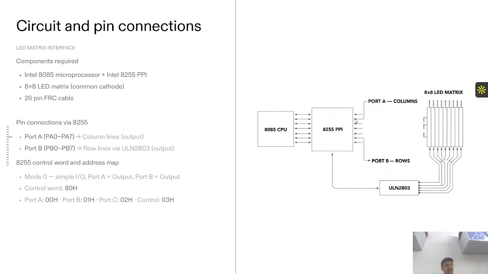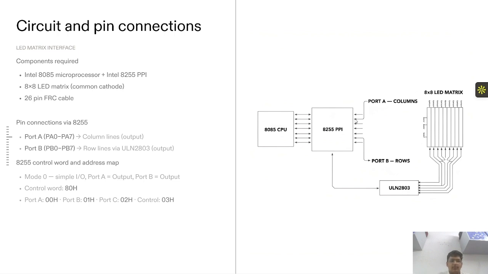So what we have tackled through the multiplexing technique to control the 64 LEDs is by the rows and column methods. So port A is basically for the columns, and port B corresponds to the rows. So port A, as you can see, has lines 0 to 7, that is a total of 8 output lines, and port B corresponds to PB0 to PB7, the row lines basically, and they are then connected to the ULN2803 to get the output on the LED matrix, that's the hardware device.